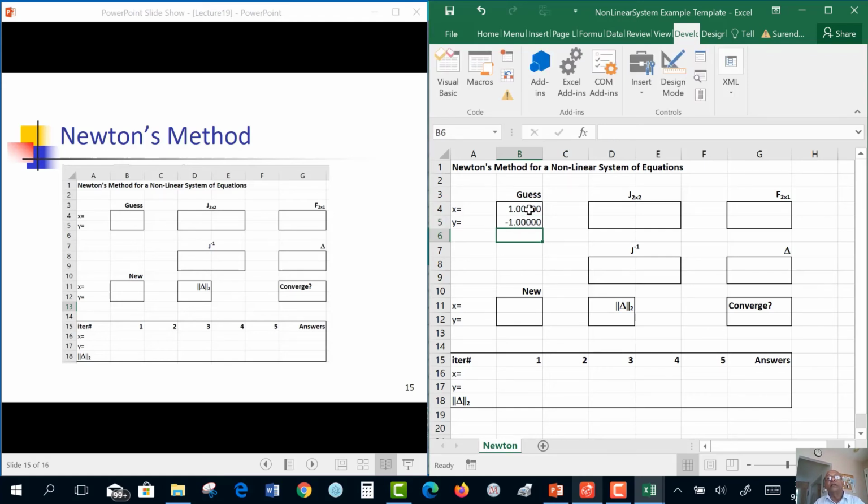Oops, we always start with naming things, right? So we are going to call this matrix Jacobian. So we'll call this matrix just J. Actually, let's make it matrix J. Okay, we'll call this matrix F. Okay, we'll call this matrix J inverse.